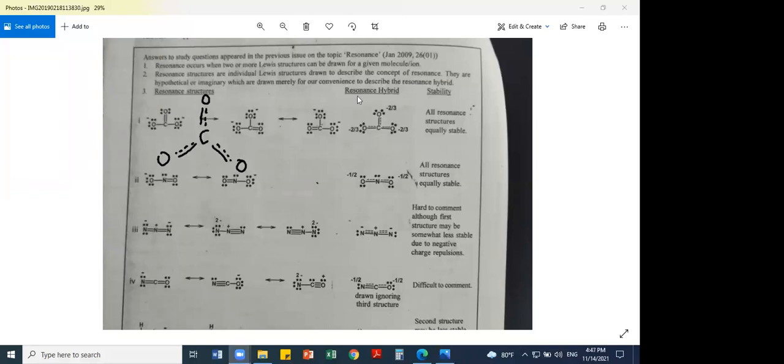Professor Dharnegala is the chief of your A-level paper setting. This is one of his research articles, a paper for first year university students. So university has a resonance hybrid unit, but the A-level paper hasn't asked the resonance hybrid, only the resonance structures. When all the resonance structures are equally stable, then you can go for the resonance hybrid.